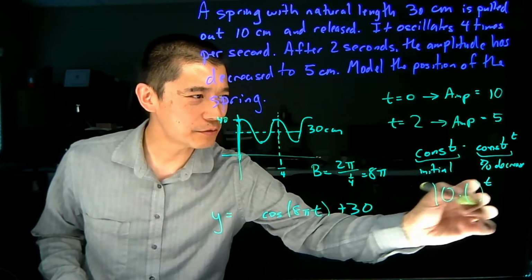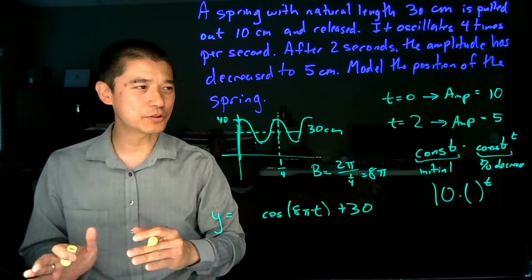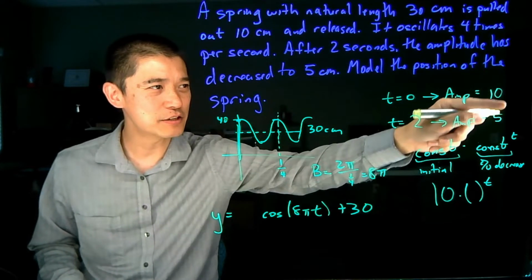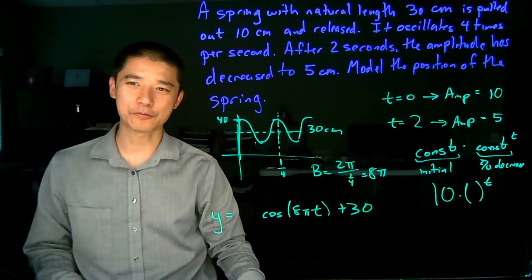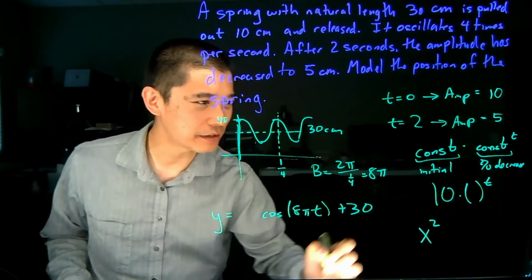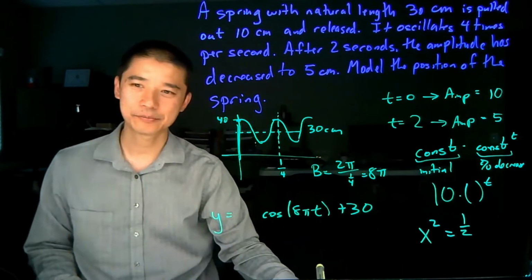Whatever this value is, has to have the property that when t is equal to 2, this is going to be 1/2, because the new amplitude is going to be half of what it was before. So it has the property that x squared, when t is equal to 2, is equal to 1/2.